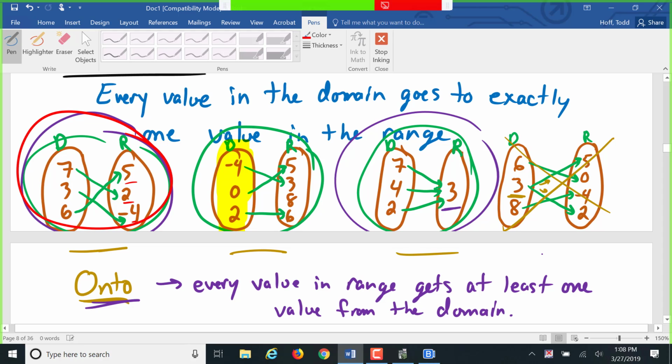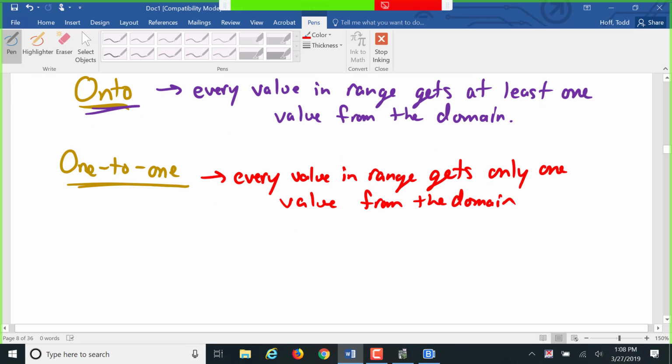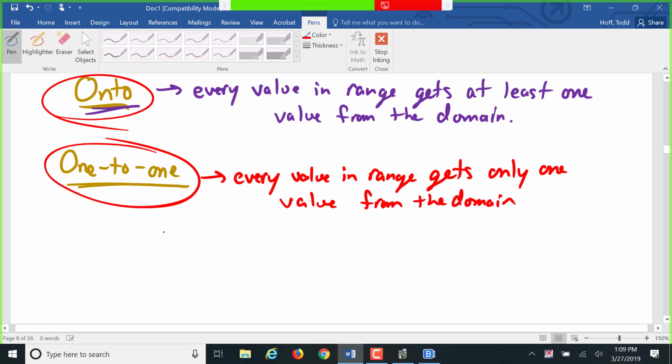Every value in the range had exactly one value in the domain that came to it. These things are not necessarily important to us at the beginning of all this, but at some point we're going to talk about something called an inverse of a function. That's how we reverse a function and make it go backwards. And to have an inverse, a function must be both one-to-one and onto.